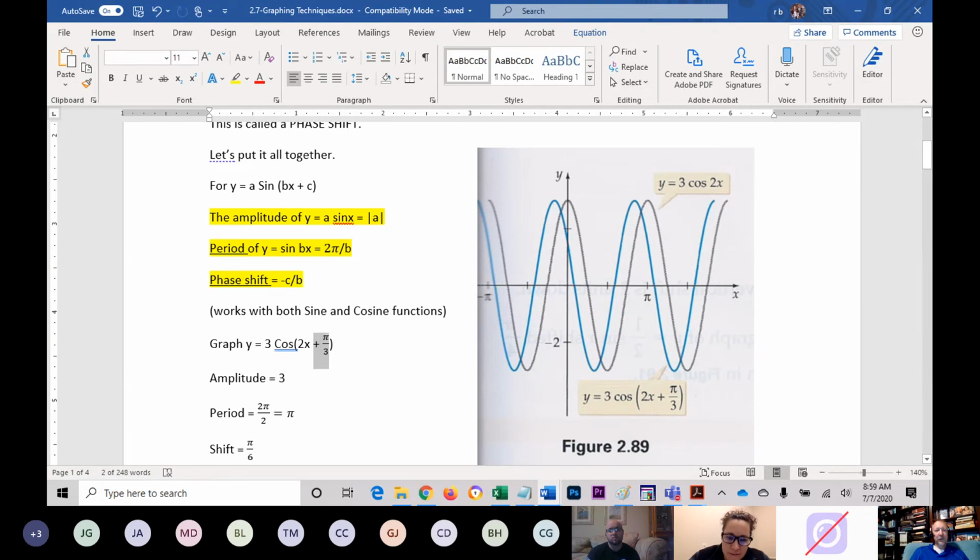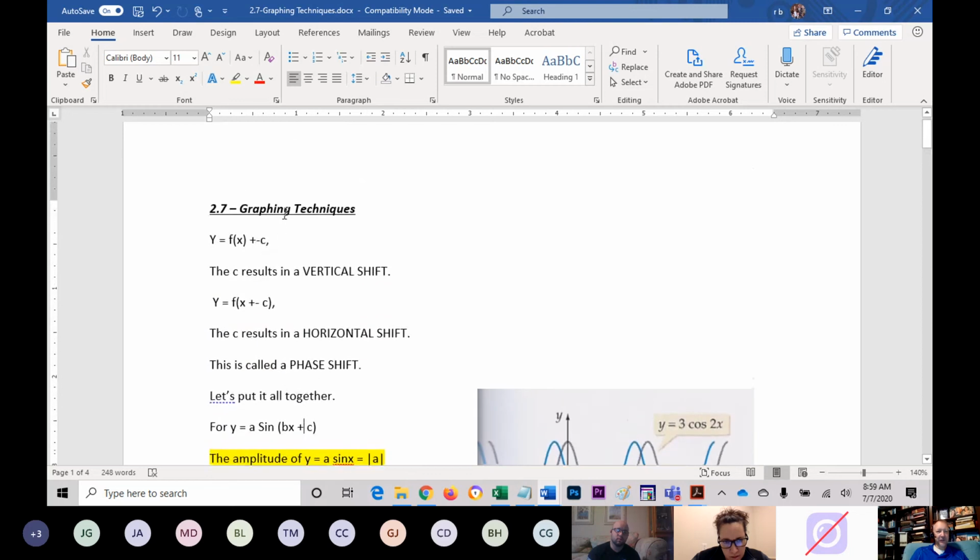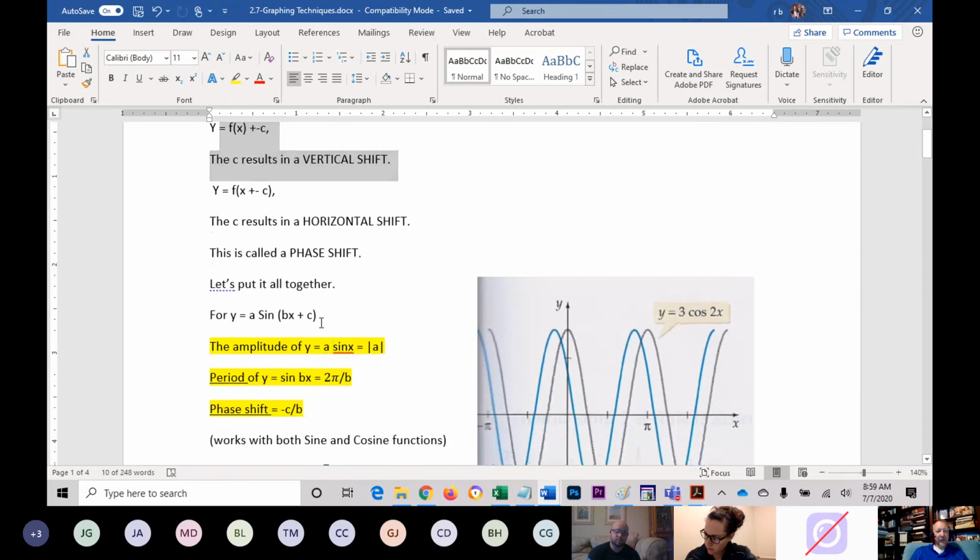Okay, thank you. So the rule, and this is how I always tell people, is that if it's in the parentheses, it's the opposite sign, and if it's outside of the parentheses, you can keep the sign the same. So in the vertical direction, plus c is going to be plus c. If it's in the parentheses, it's going to be the opposite, so it's going to be negative c over b.